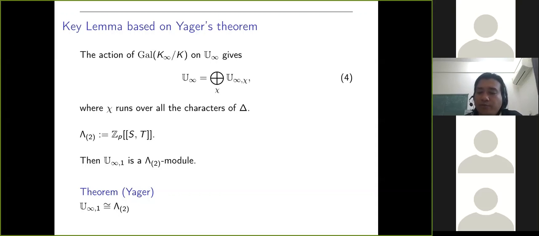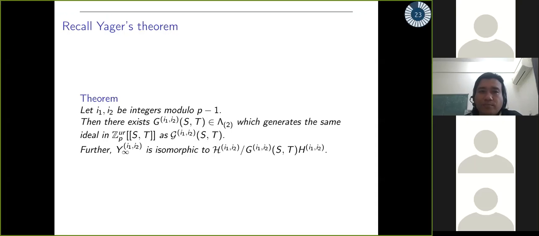So we'll use these two inputs. By the way, this is Yager's theorem, a very nice theorem.